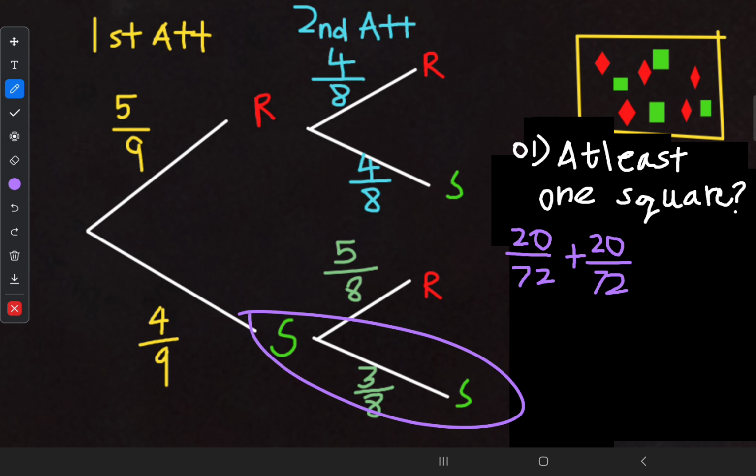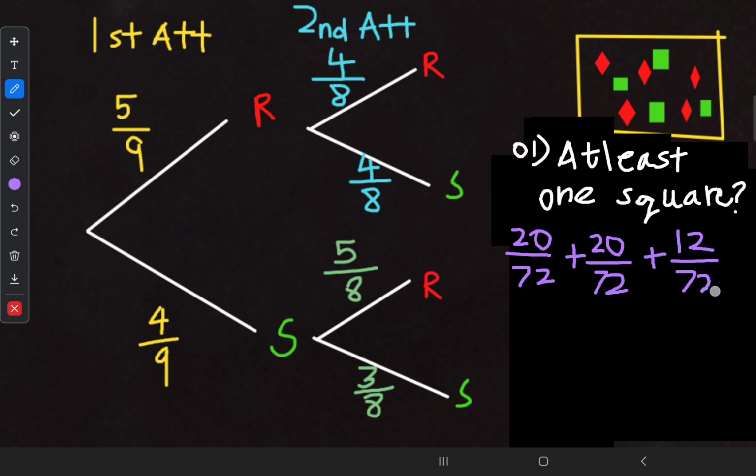At least one square, so two squares are also possible. When you multiply that, 12 upon 72. When you add all these values, that will give you 52 upon 72. When you simplify this further by using number 4, that will give you 13 upon 18. That would be the answer for at least one square.